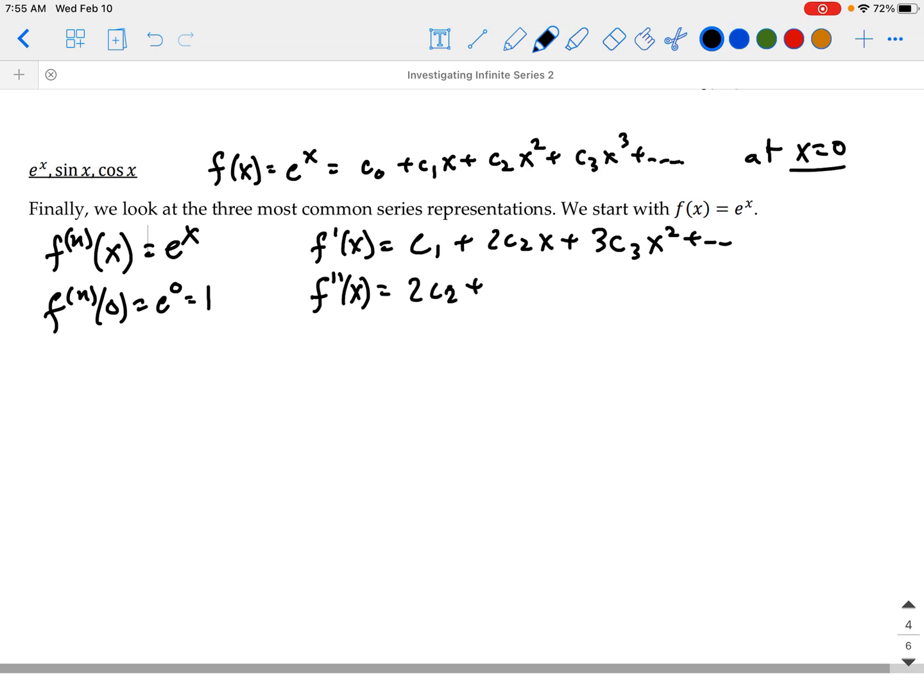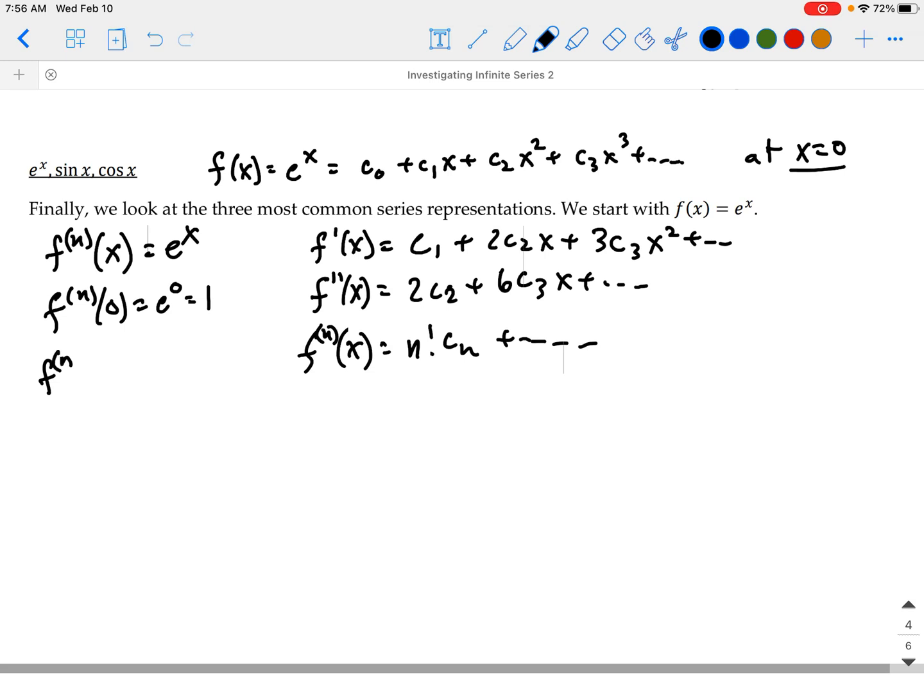So f double prime of x is going to be 2c2 plus 6c3x plus etc. And note, what we showed last time is that the nth derivative is going to be n factorial times c sub n. Right, so that value of the derivative plus a bunch of other terms, but all we're going to care about at 0 is that first term.